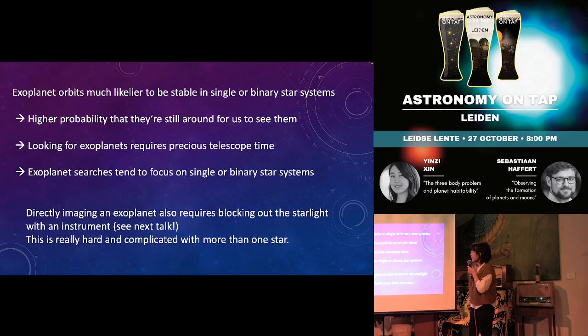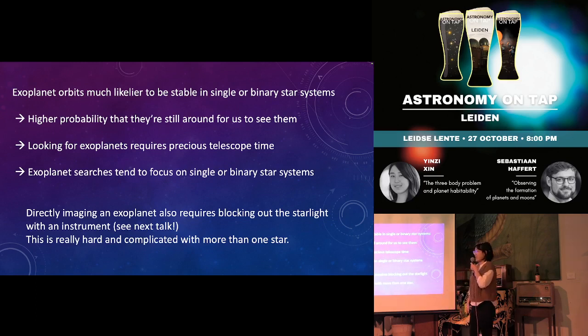So to summarize, we think that exoplanet orbits are much likelier to be stable in single and binary star systems, and this is something that you can check if you do numerical simulations. So as far as when we're looking for exoplanets, we think there's a much higher probability that the planets around single and binary star systems are still around for us to look at.